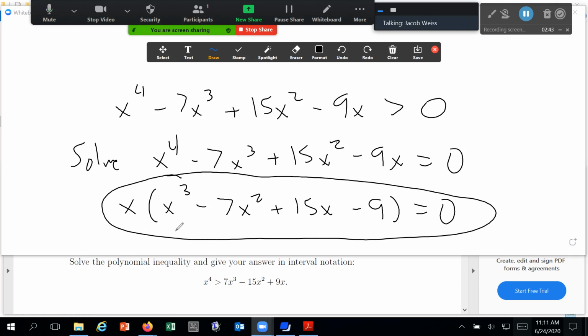Now what I want to work on is this polynomial right here in the parentheses, x cubed minus 7x squared and so on. Let's see if we can find the zeros of this.